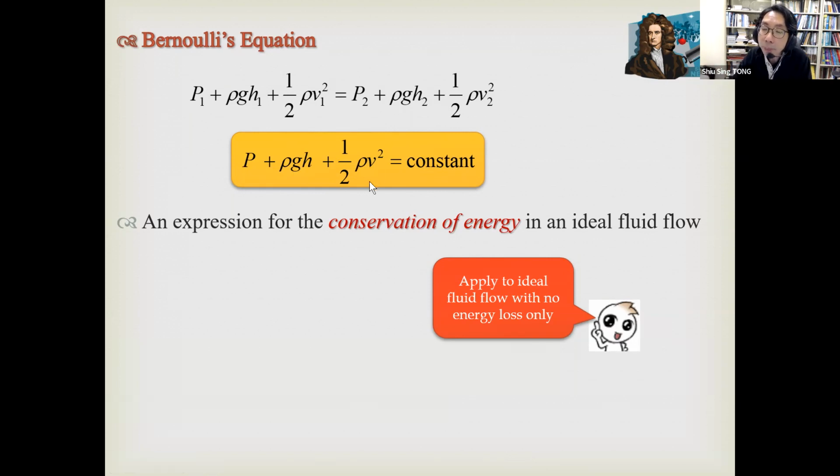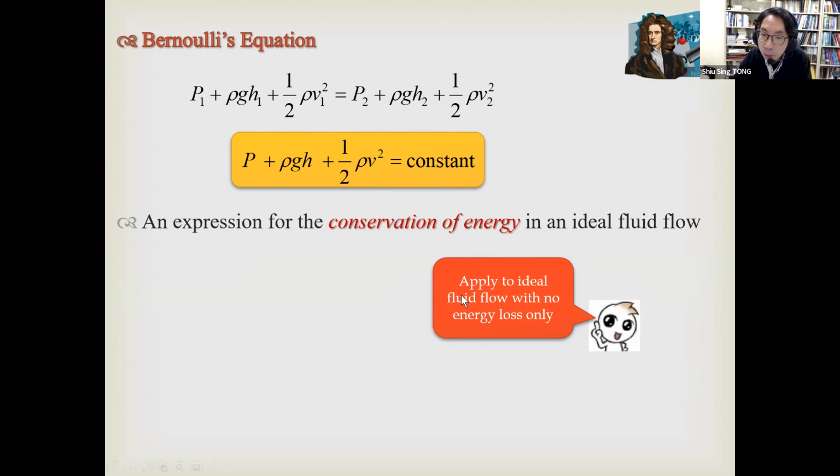Now, this is not a new law of nature. It is just an expression of the conservation of energy for ideal fluid flow. We just consider the work done by the surrounding liquid to be equal to the change in mechanical energy of the liquid column inside. So this is only the energy conservation principle that we have applied.